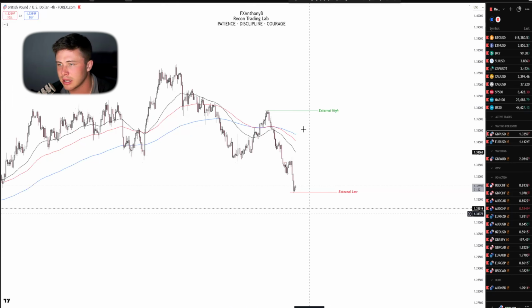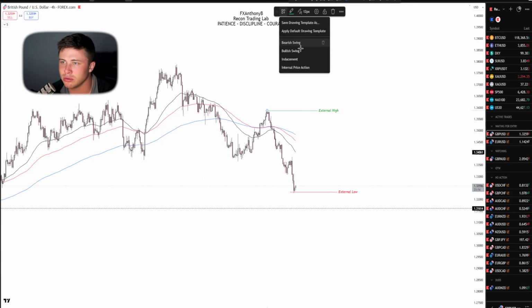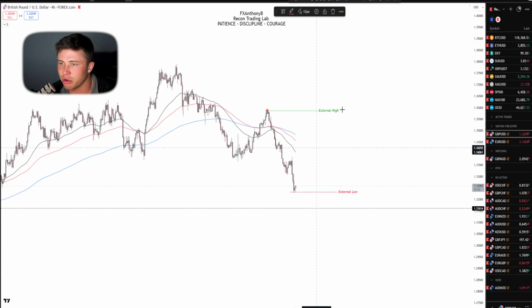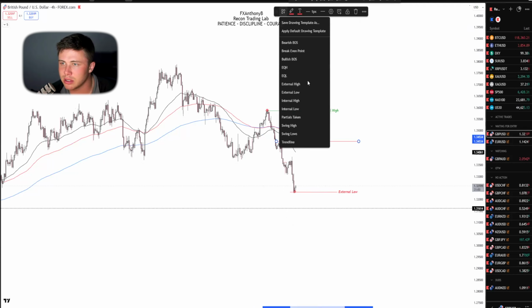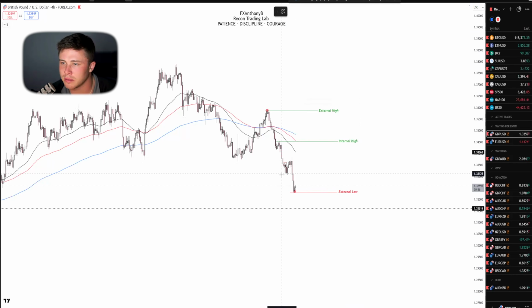So for right now, I don't normally leave this, and I sometimes don't even use my boxes here just because I'm so used to just kind of remembering and seeing it at all times, you know. So on the 4 hour, here's our external high and external low right there. So I'm pulling it out now mainly for you guys so you can see kind of what I'm doing.